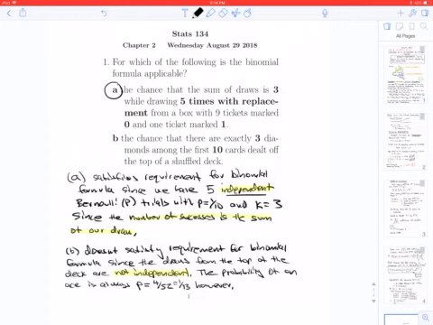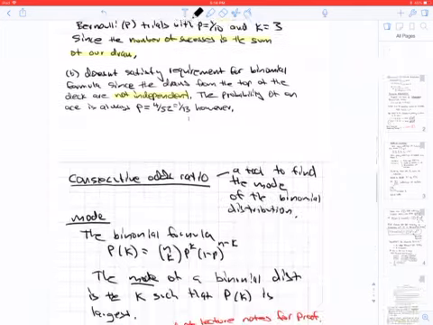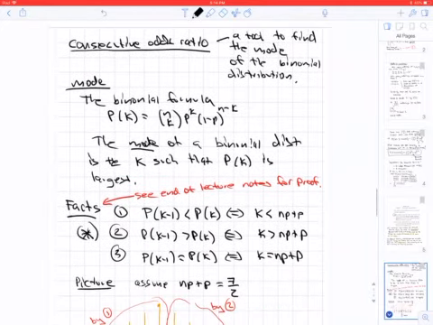I'm saying the probability of an ace on the top, for the top card, is always 4 out of 52. But I'm drawing off and not replacing, so I do not have independent draws.